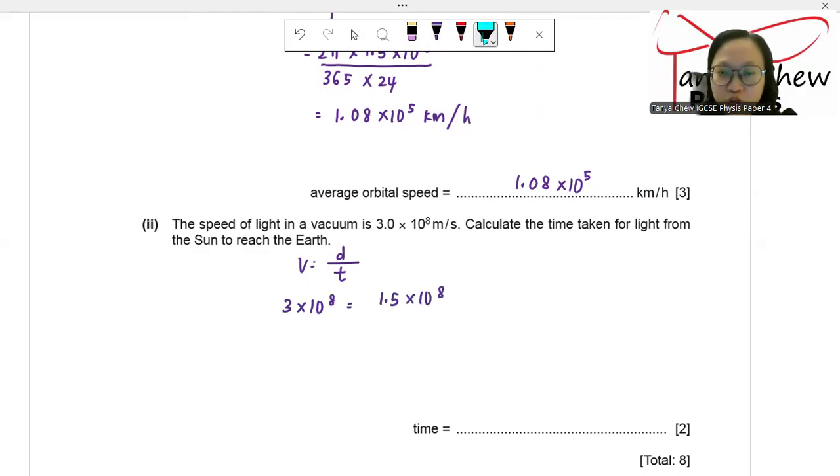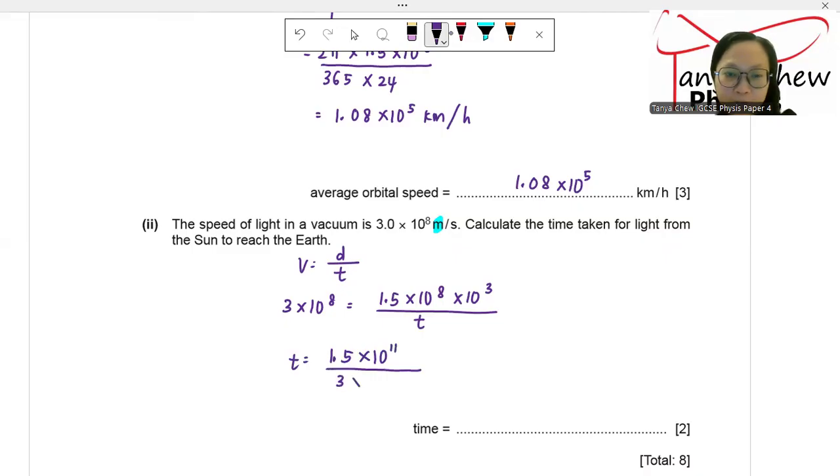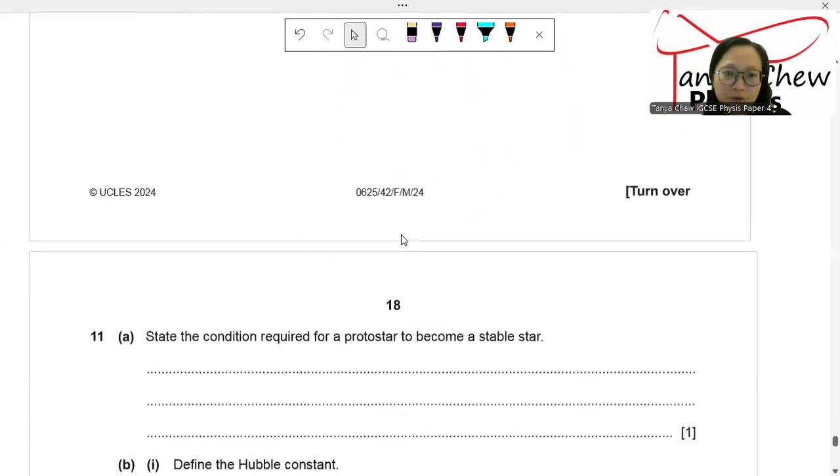In this case, I have to change my kilometer to meter because my speed of light is in meter. So I times another 1,000. Divided by the time. Time is equal to 1.5 times 10 to the power 11 divided by 3 times 10 to the power 8, and I got 500 seconds. So 500 seconds is the answer.